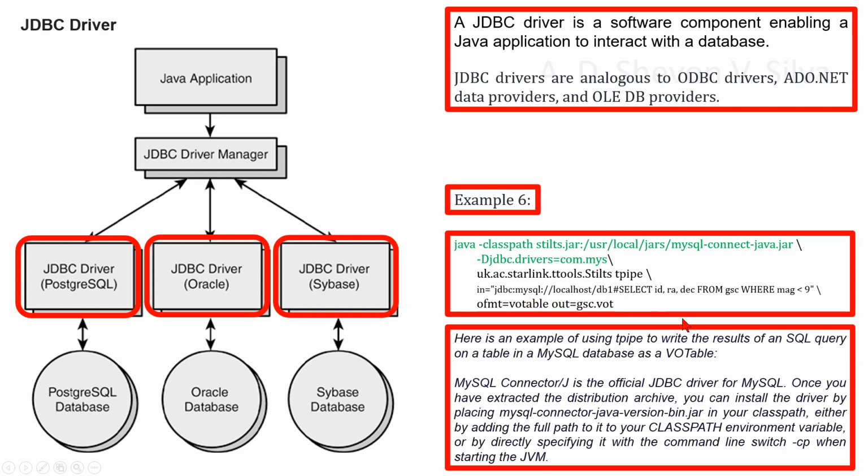Once you have extracted the distribution archive, you can install the driver by placing mysql-connector-java-version-bin.jar in your class path, either by adding the full path to your class path environment variable or by directly specifying it with the command line switch -cp when starting the JVM.